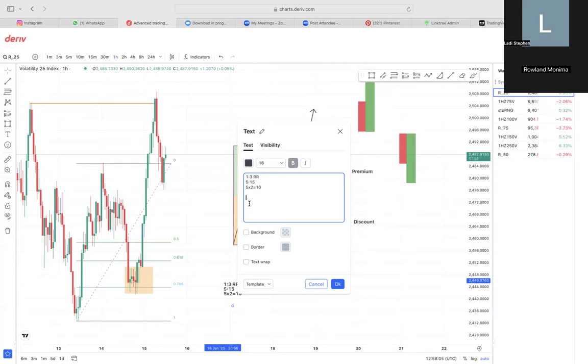Okay, let me write it in full. If you take 4 trades a week, 2 losses equals minus $10, minus $10.